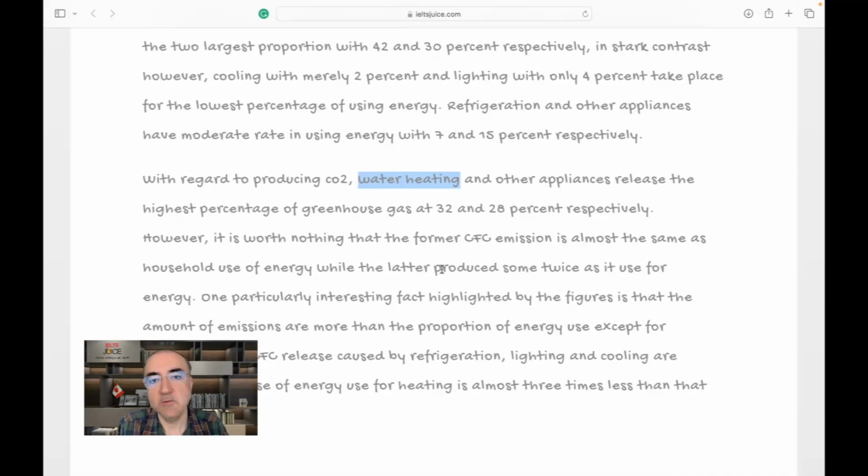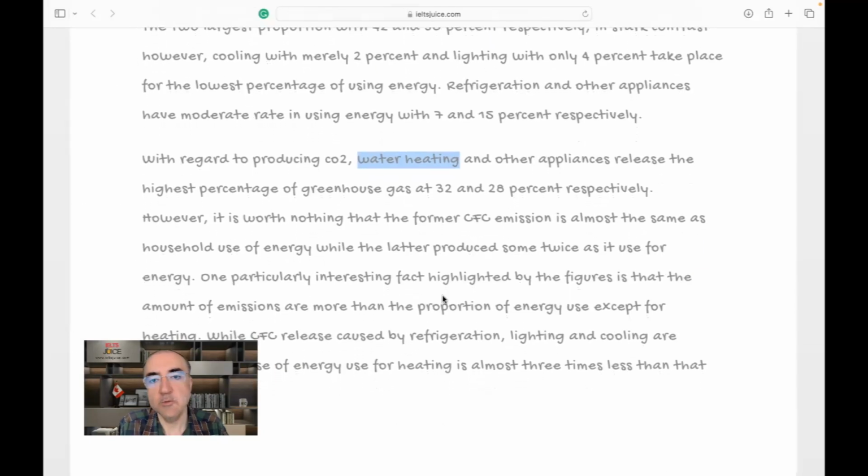Yes, correct. While the latter produces, we don't need some. This usage of some here to convey the meaning of roughly or approximately is not formal.